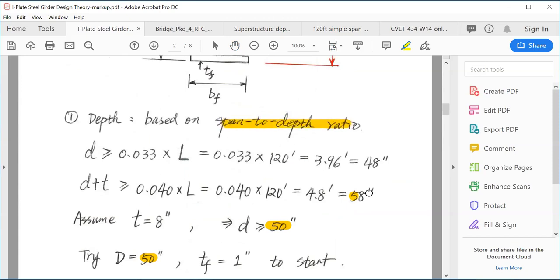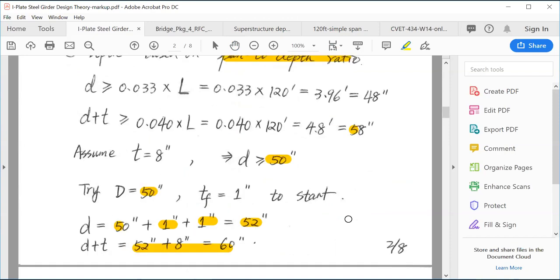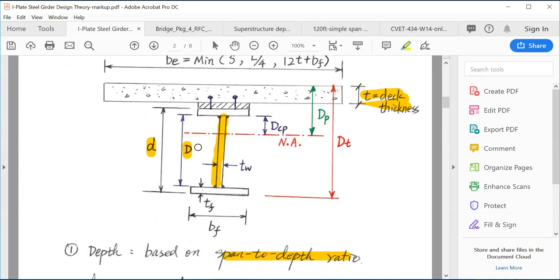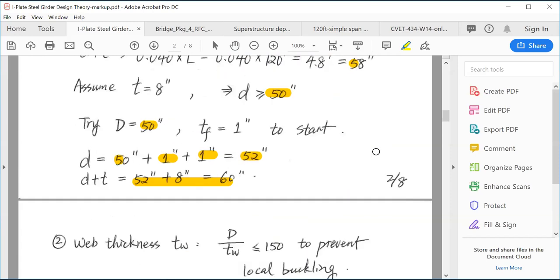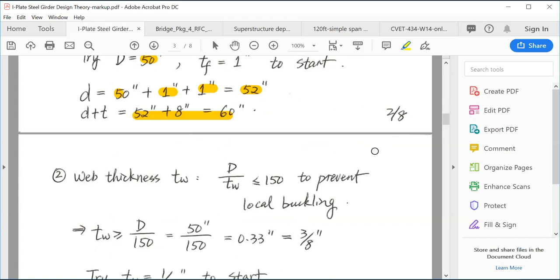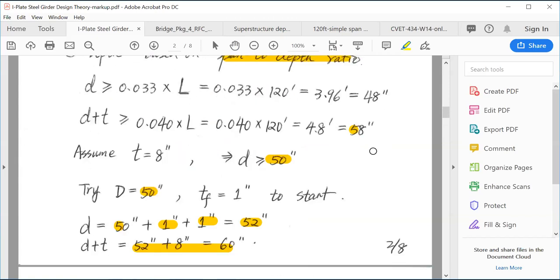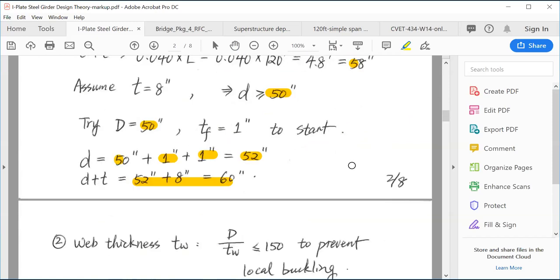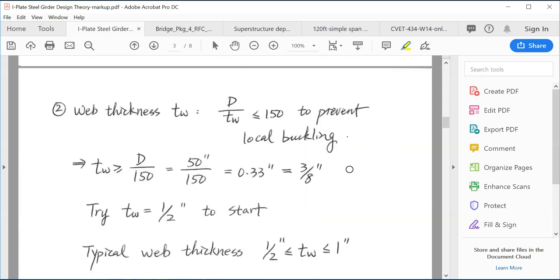Based on that, we have a size to start: the web depth equals 50 inches, the total depth approximately equals 52, and the total composite section approximately 60 inches.